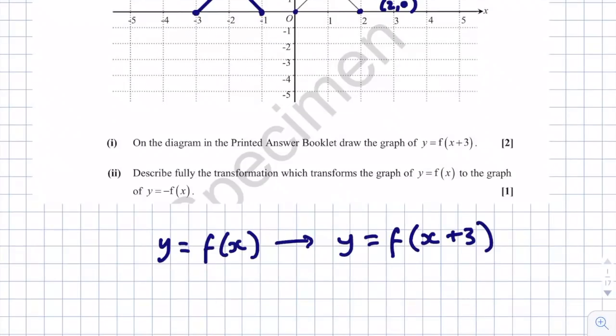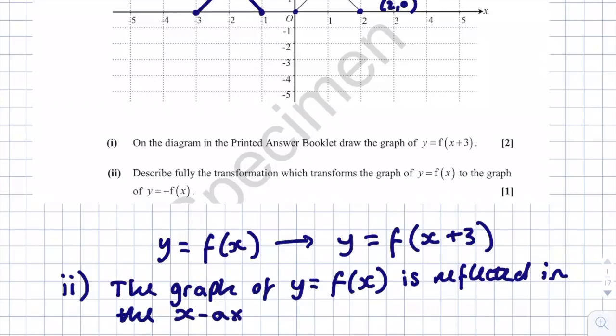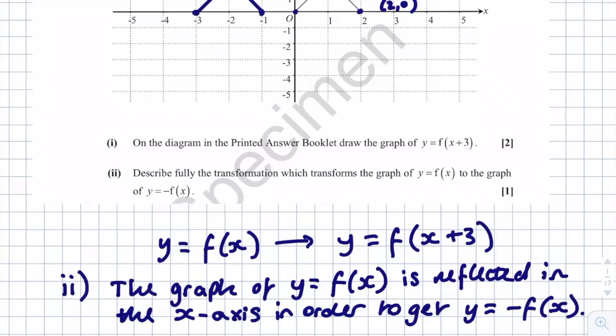So we say, part I, the graph of y equals f of x is reflected in the x-axis in order to get y equals negative f of x.